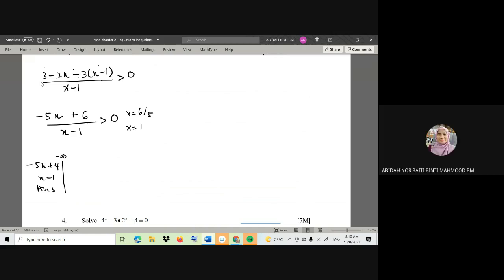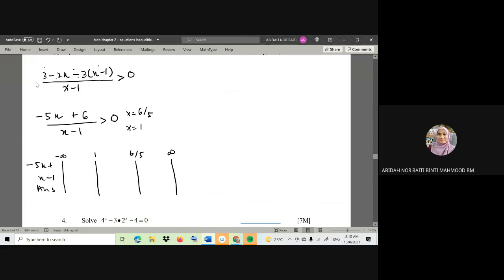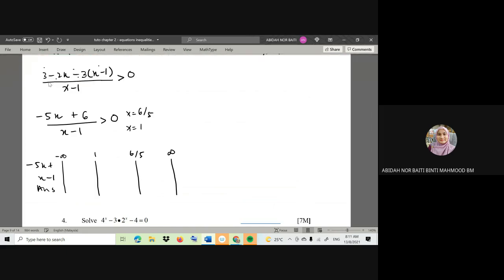So after negative infinity is 1, and then 6/5, and then positive infinity. So for negative 5x plus 6, your x value is 6/5.